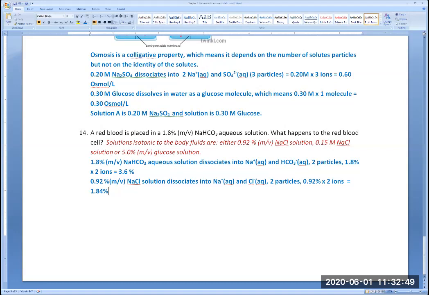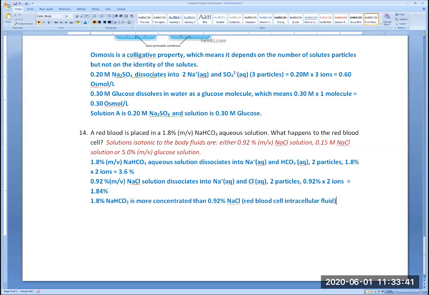So that means 1.8% NaHCO3 is more concentrated than 0.92% NaCl, which is your red blood cell, right? Intracellular fluid.